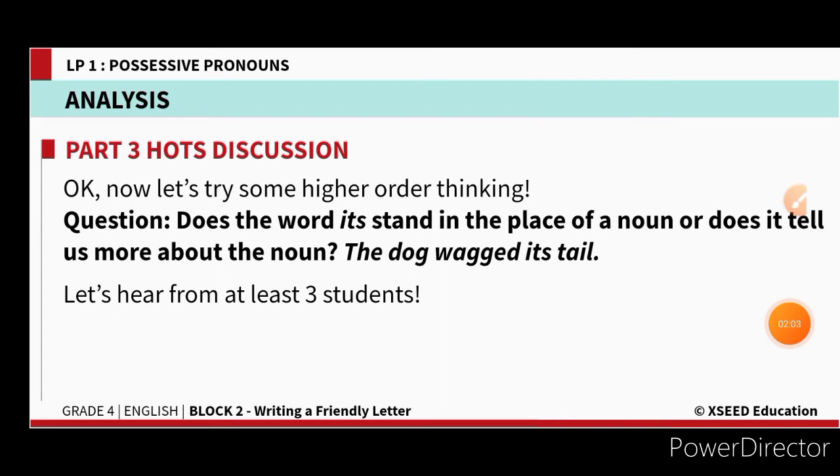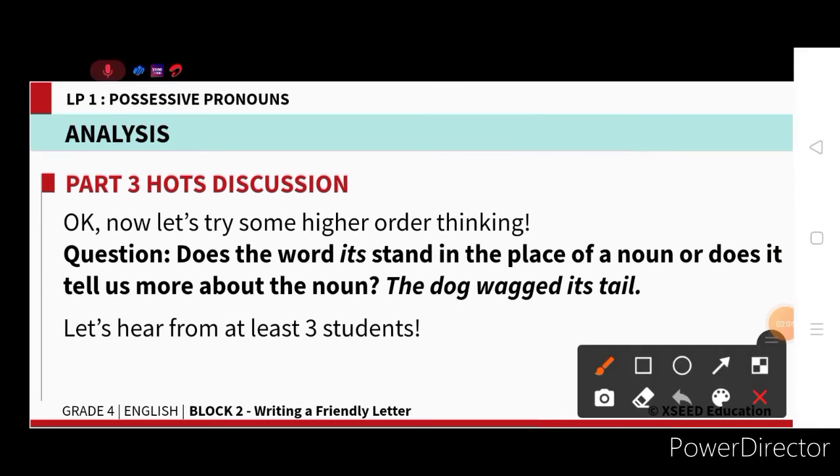Now let us try some higher order thinking questions. Here is one question. Does the word its stand in the place of a noun, or does it tell us more about the noun?